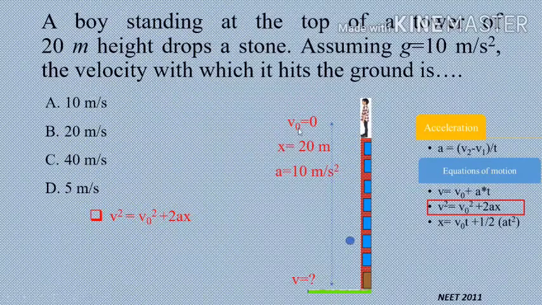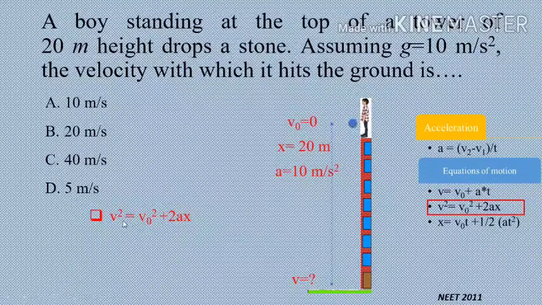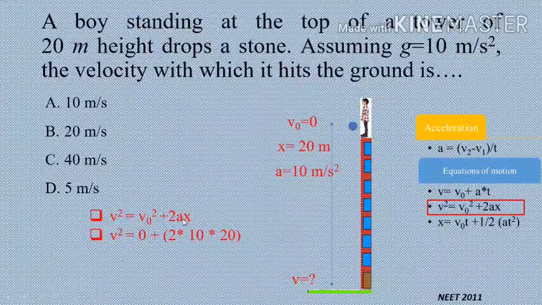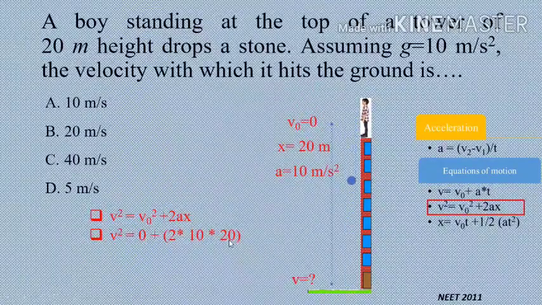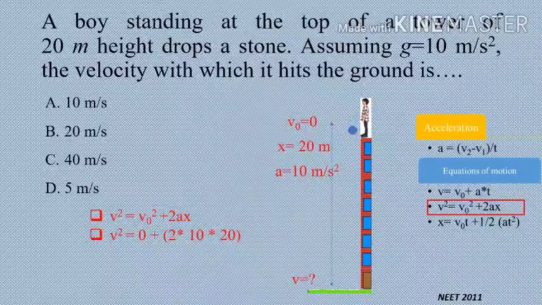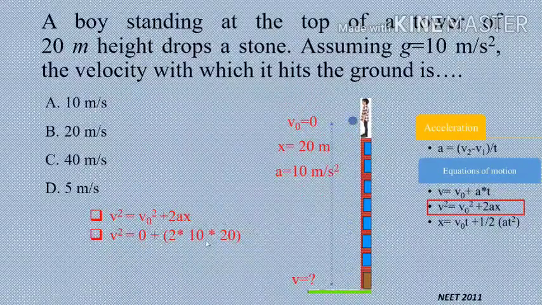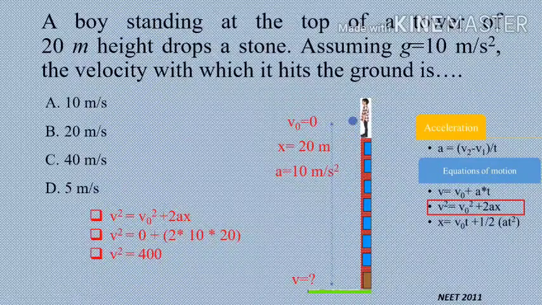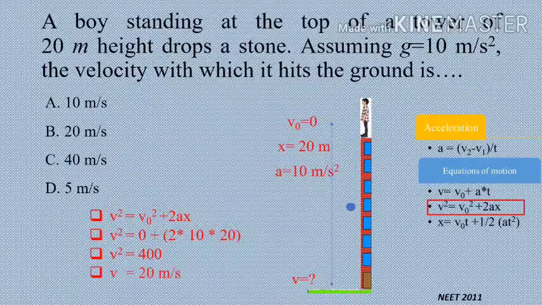Now we will put all the known values in this equation to find the final velocity. Putting v0 equal to 0, acceleration equal to 10 and x equal to 20, that is the distance or height of the tower. Here we can do the calculation. v square will be equal to 400 and final velocity will be equal to 20 meters per second.